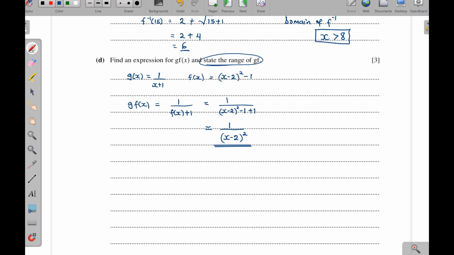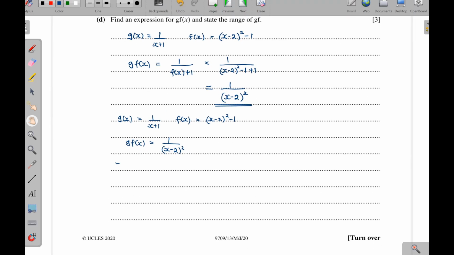Now we need to set the range of the g of x. We are given g of x as 1 over x plus 1, okay? And then f of x is given as x minus 2 squared minus 1, not so? Now our gf of x, we have seen it is 1 over x minus 2 squared. But the domain, if you are composing f into the g, then the range of f must fit into the domain of what? Into the domain of g, not so?